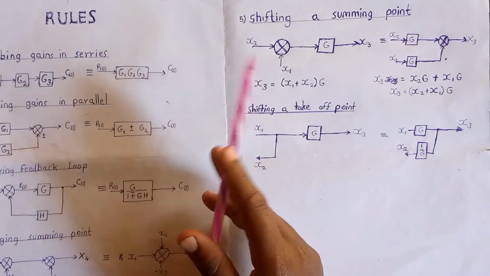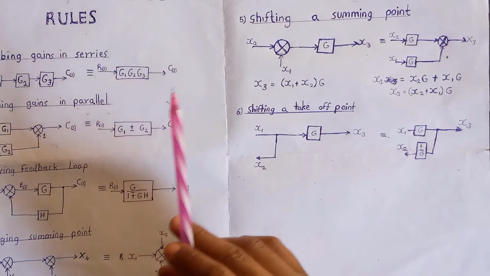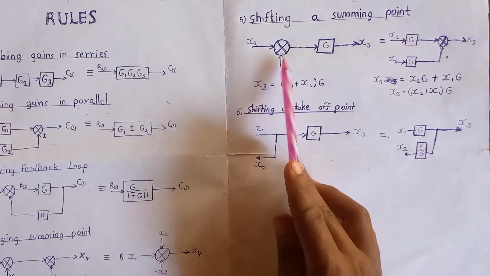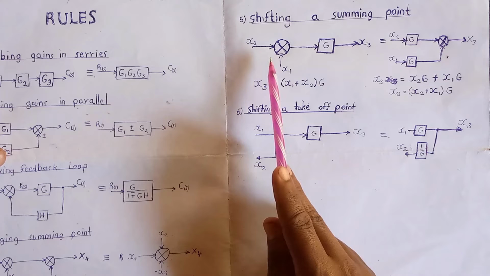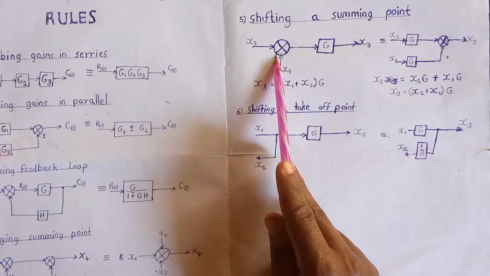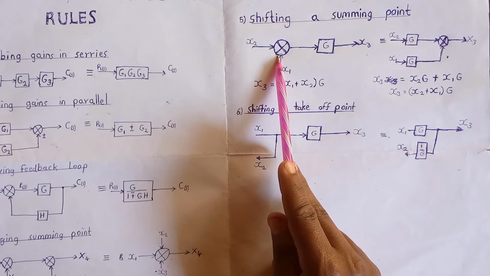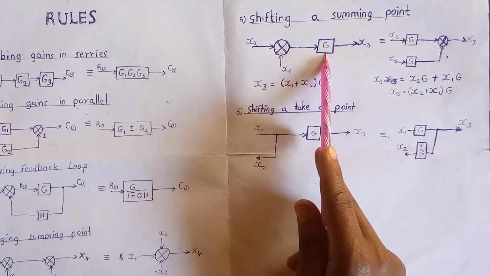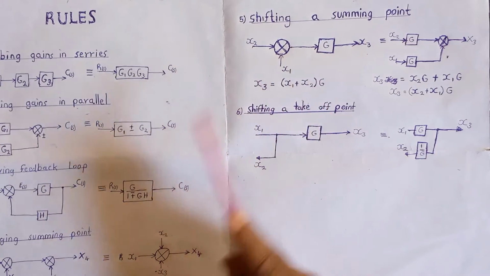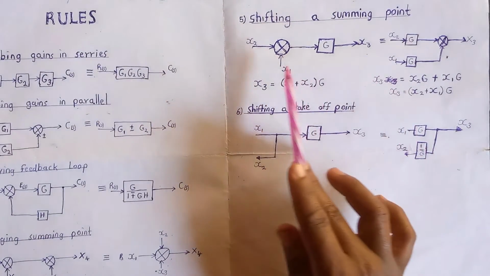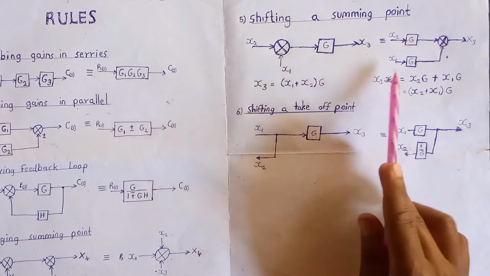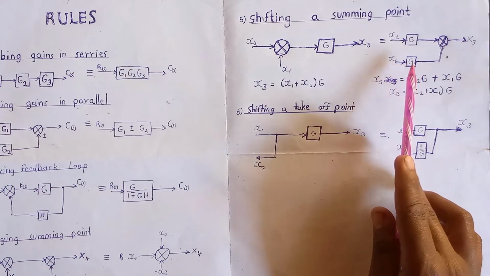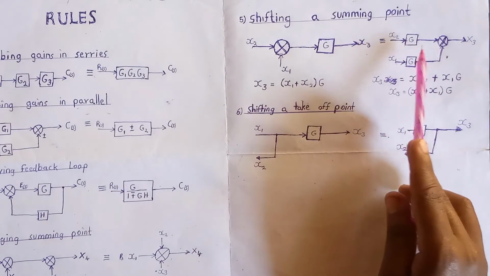Now our fifth rule is shifting a summing point. This is what we call a summing point. At times we may be expected to shift a summing point ahead of a gain. Now for us to achieve that, we are going to multiply our x1 times the gain which we are shifting ahead of it.